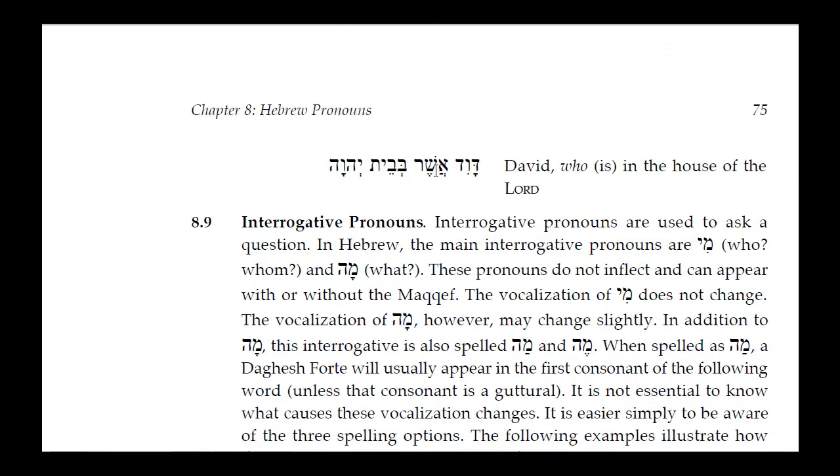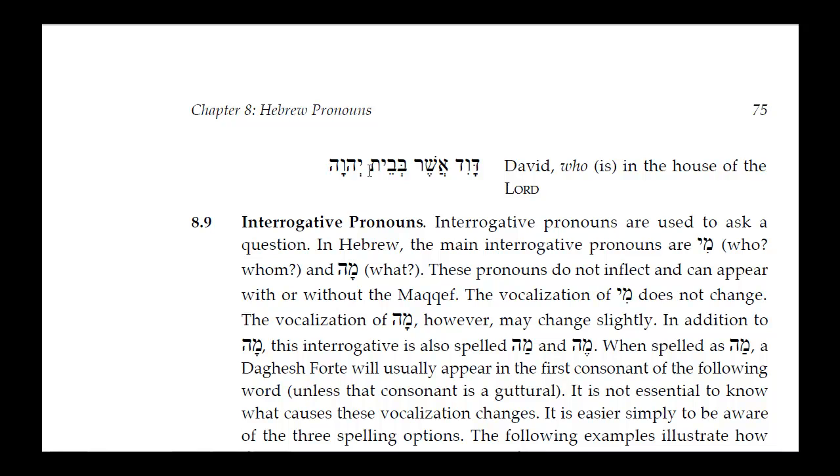David asher bevet Adonai. David, who, and then we have to put the to-be verb, is in the house of the Lord. David asher bevet Adonai.